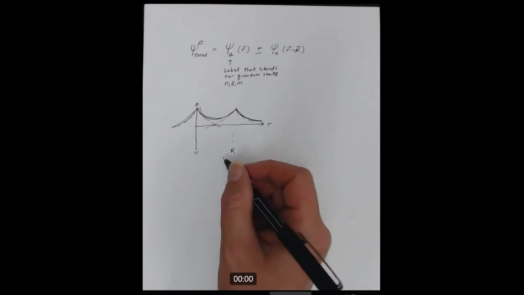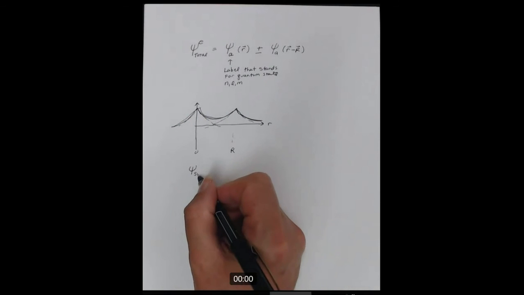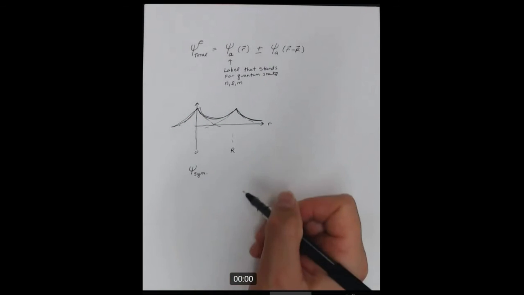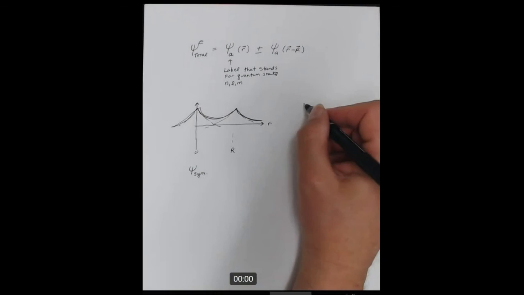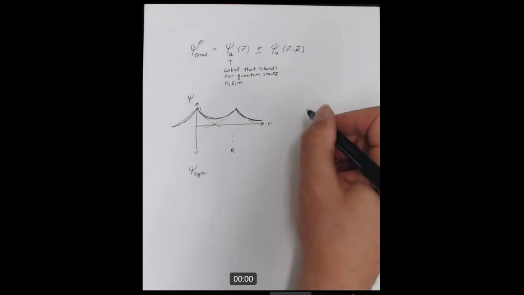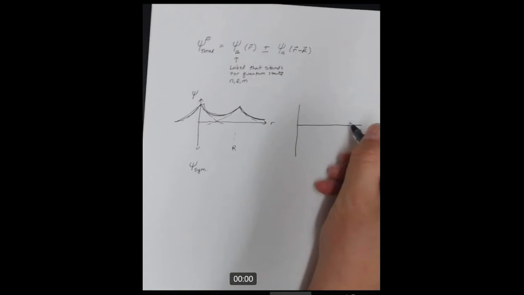So let's call this the symmetric wave function. If we choose the other, here's the wave function this way. If I choose the minus, what might these look like?